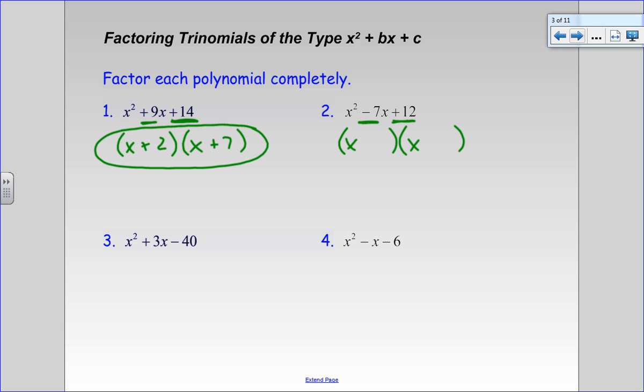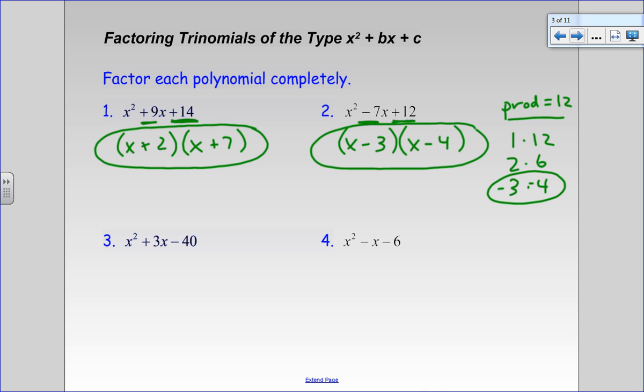However, if we think of all the ways to make a product of 12, 1 times 12, 2 times 6, and 3 times 4, we'll notice right away that 3 times 4 seems to be a good choice because that would give us a sum of 7, right? We want a sum of negative 7. All we have to think about is making those two factors negative so that they would add up to negative 7, but they would still multiply to give us positive 12, negative times a negative being positive. So we have x minus 3 and x minus 4 as our two binomials.